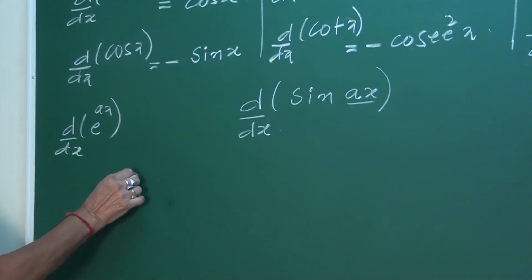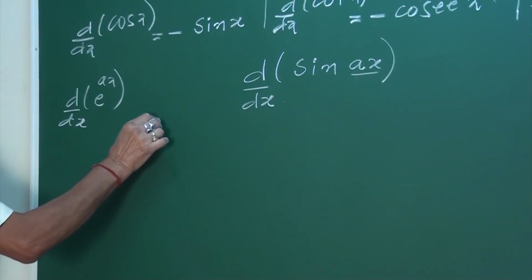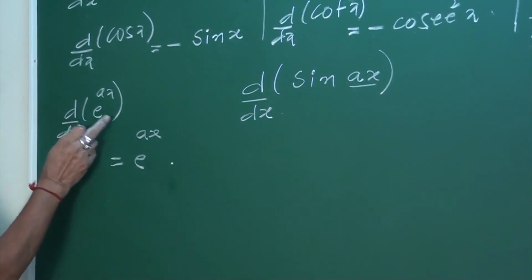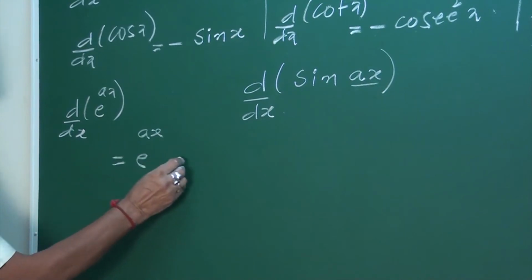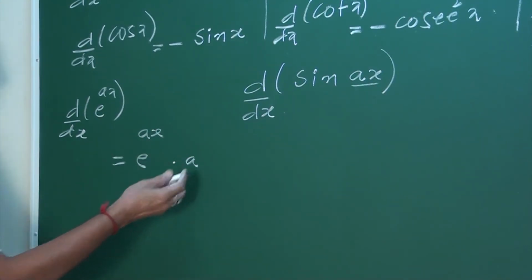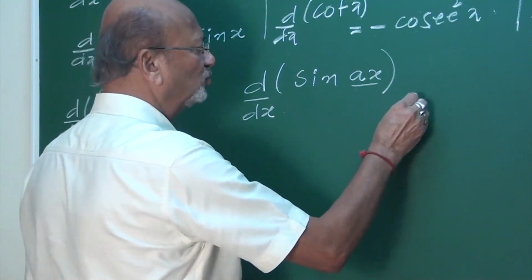The exponential stays as it is, multiplied by the coefficient when the angle is other than x. The same thing you use here.